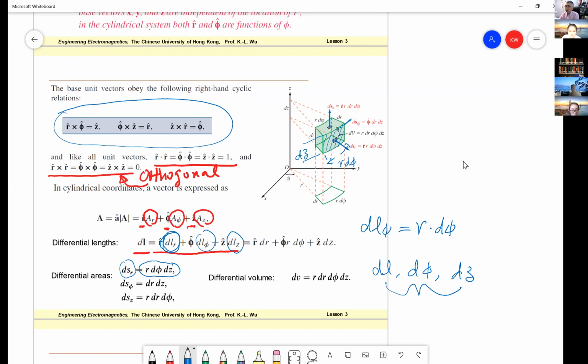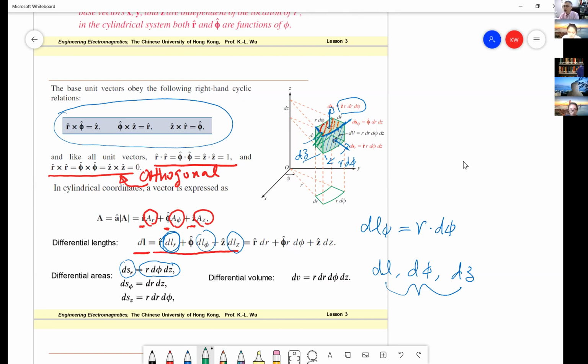So the same as the other 2 small differential surfaces, one pointing in the z direction. Okay, then we know the length of the arc, we know the length of dr. So this is the differential area of this surface, right? So the same as this surface.